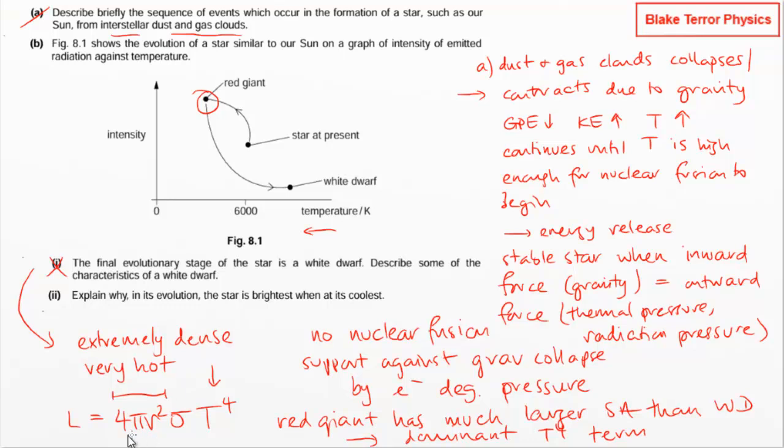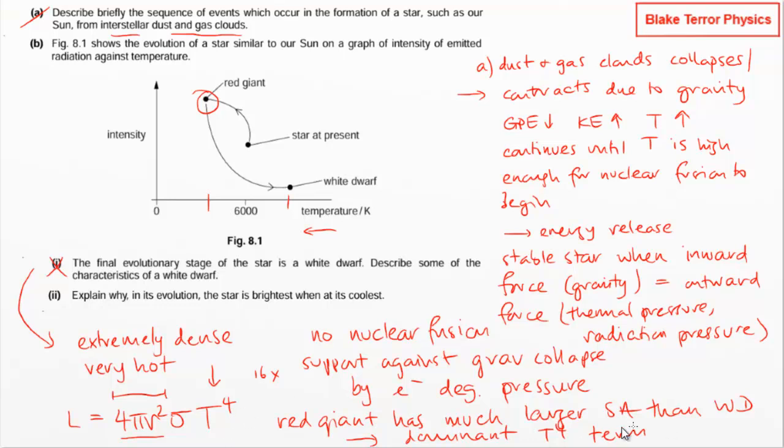If you work out the ratio of the surface areas of the red giant to the white dwarf, that will have more of an influence than the ratio of these temperatures. Here it looks like we've got about double the temperature. That does make a significant difference, but that's a 16 times difference in terms of the temperature term. But the surface area of the red giant is more than 16 times the surface area of the white dwarf.